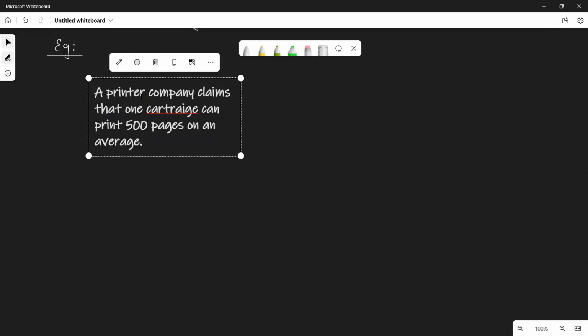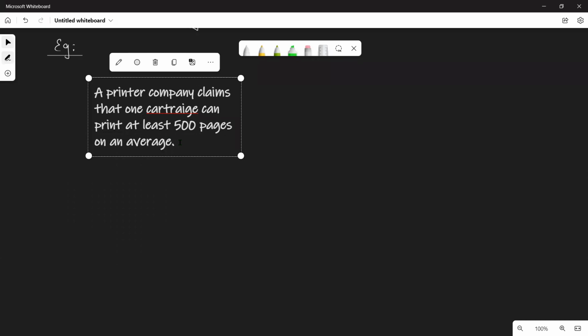Okay, a printer company claims that one cartridge can print 500 pages on an average. Print at least 500 pages on an average.